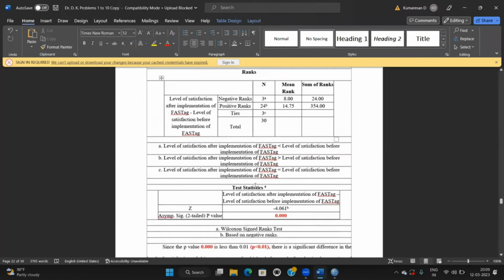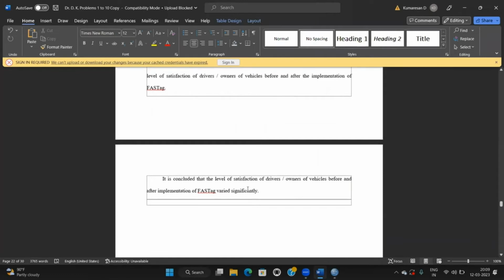So that is what we conclude. The conclusion is the level of satisfaction of drivers before and after implementation varied significantly. After implementation of FASTag, the satisfaction of drivers is increased. That's all. So this is about the Wilcoxon test.